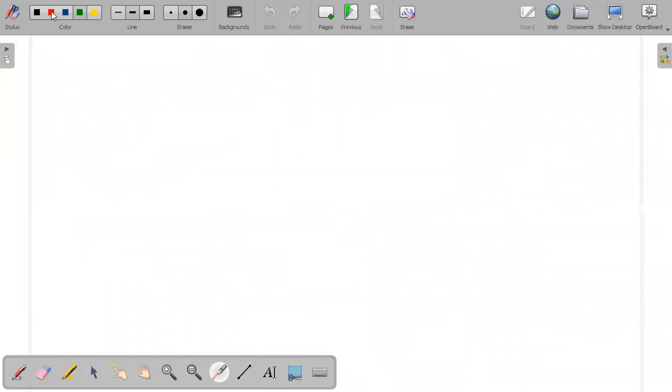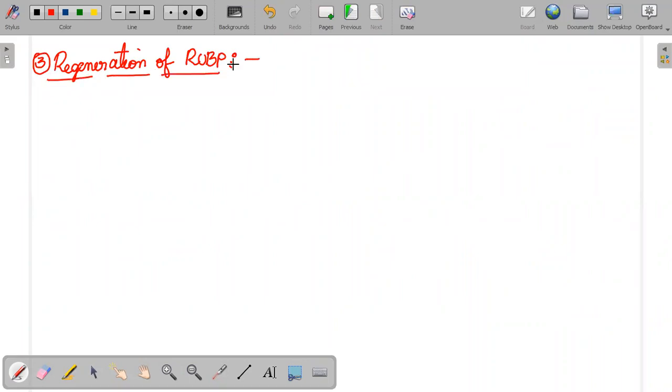Those 30 carbons will enter into your next step called regeneration of RUBP.